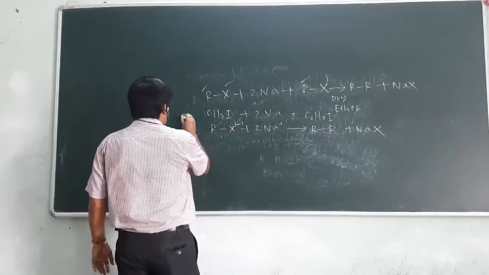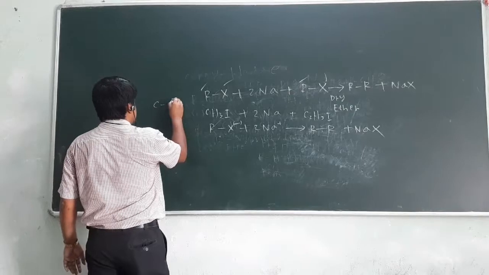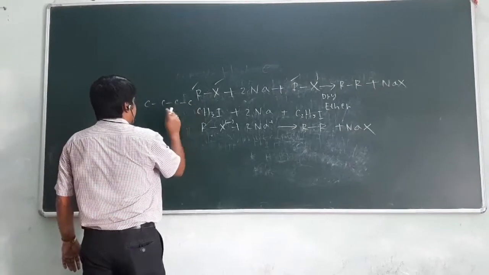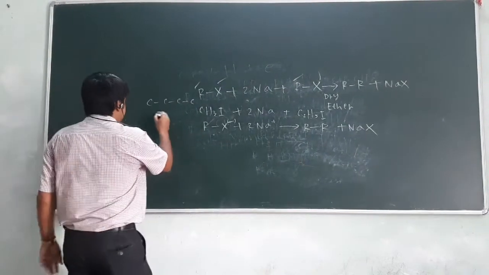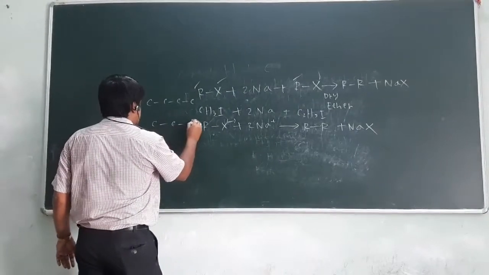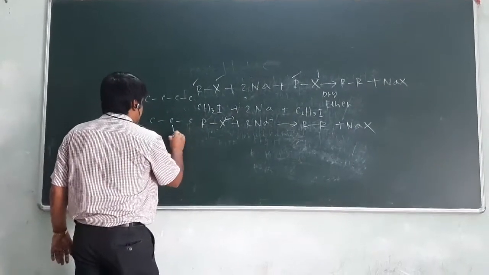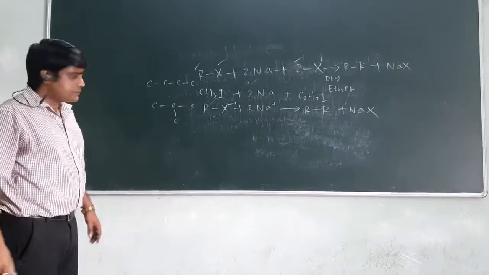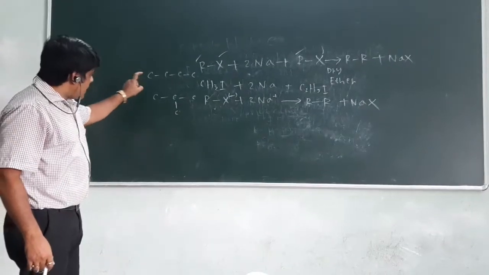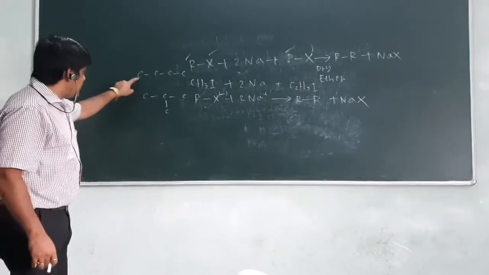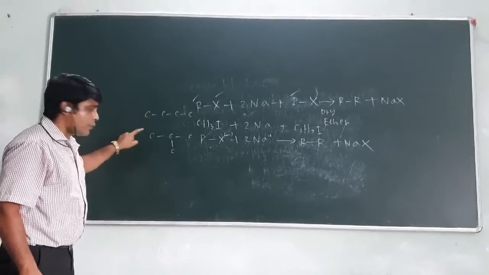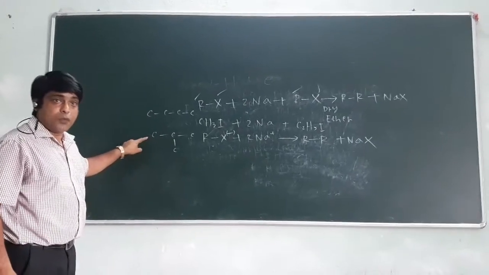Suppose there is n-butane, okay, and this is isobutane. So the boiling point of n-butane is much higher than the boiling point of isobutane. Why?